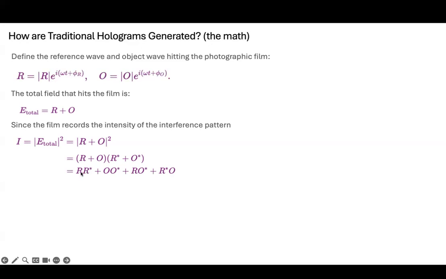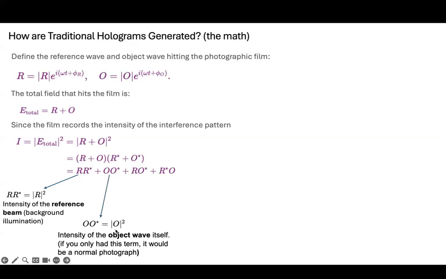So for example, this first term, R R star, equals the square of the absolute value of R. This is just the amplitude of R squared, which is the intensity of the reference beam. So the first term is just the background illumination from the reference beam. And the second term, again, is the intensity of the object wave. If you only have this term, this will be a normal photograph recording the wavefront from your object.